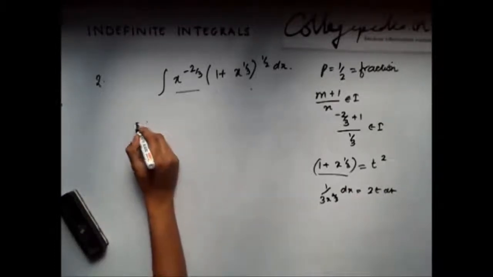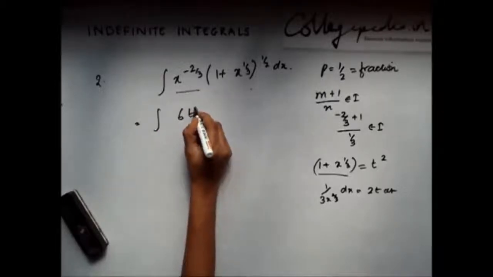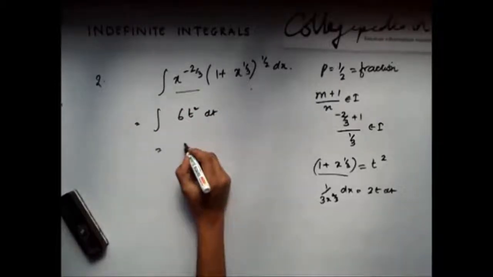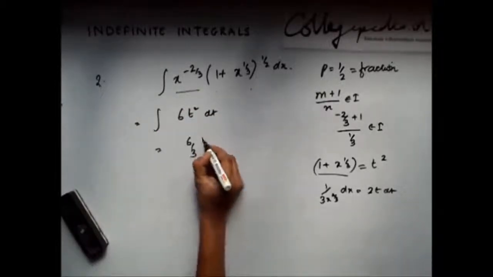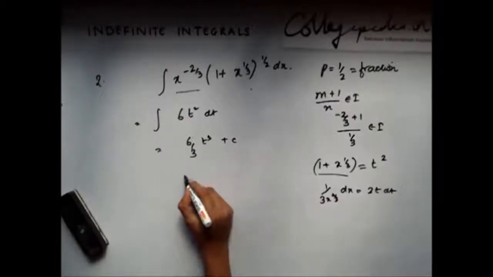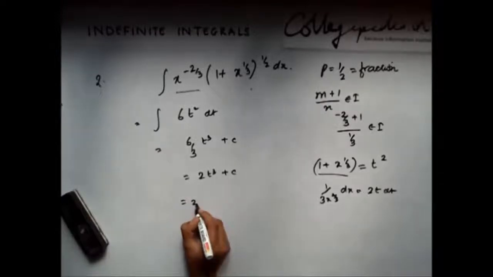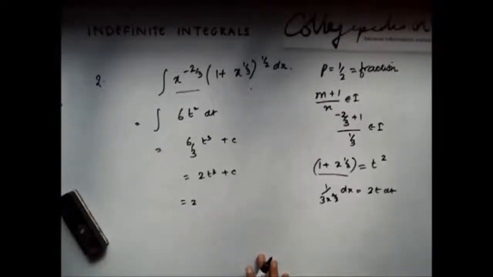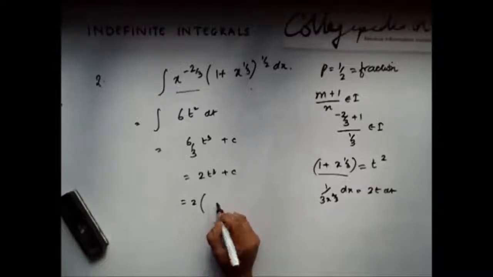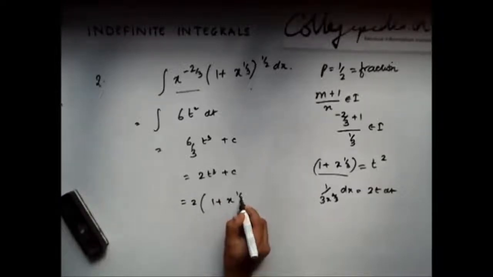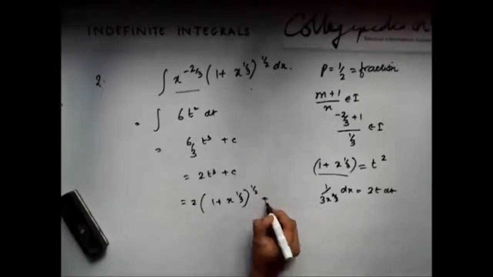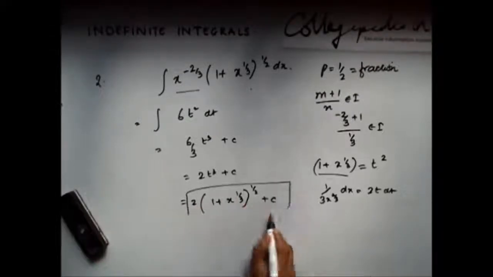So my integration gets converted into 6t square dt, which is 6 by 3 t cube plus c, or 2t cube plus c. Now I need to replace t with x. So my t is (1 plus x to the power 1 by 3) to the power half, and this is my final solution.